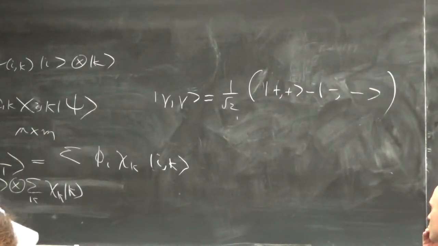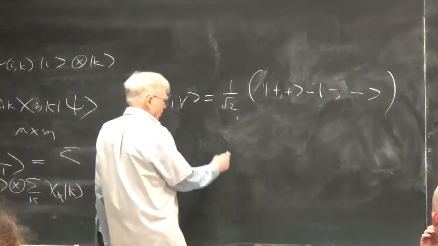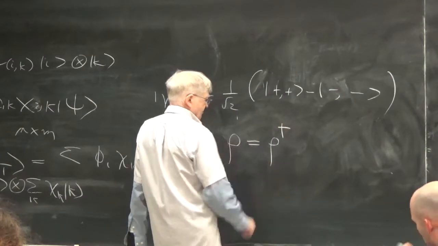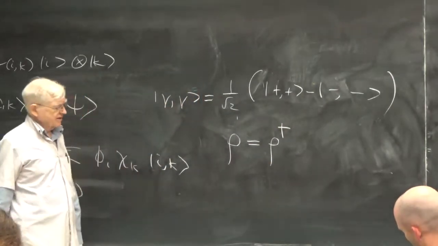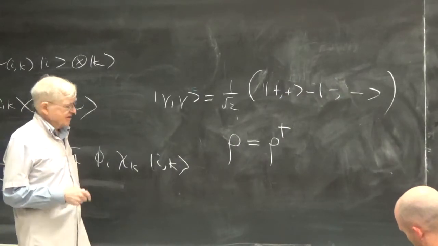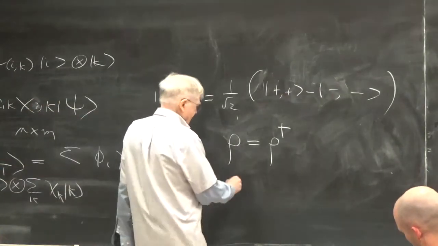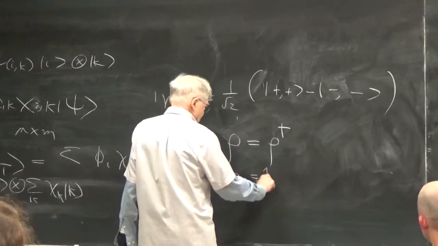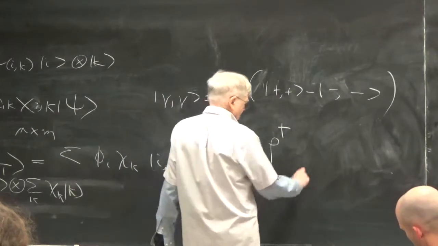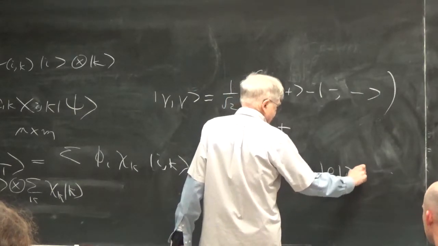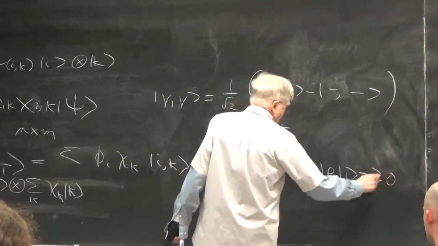So that's the basic idea of entanglement. Another important concept is a density operator. The density operator is something more general than a state. A state is a vector. A density operator is Hermitian, has a trace equal to 1, and all of the diagonal elements are non-negative.